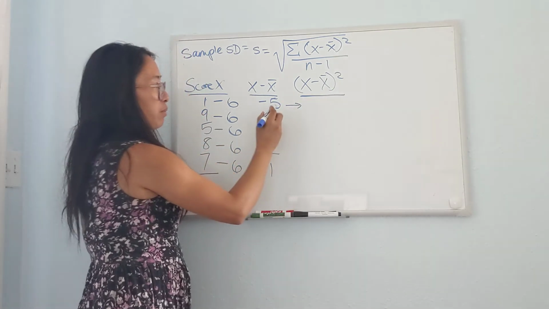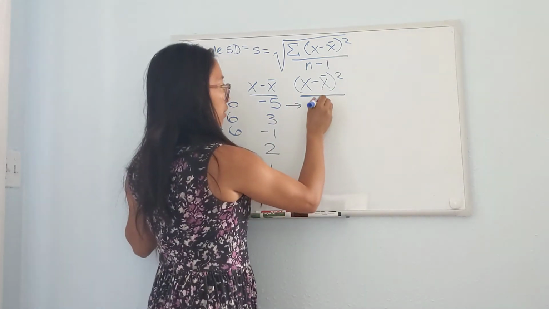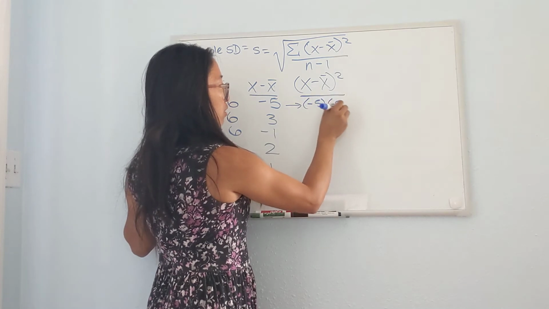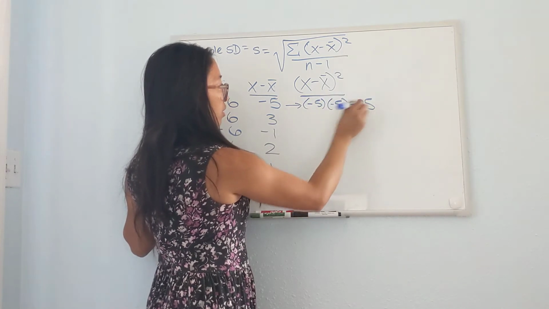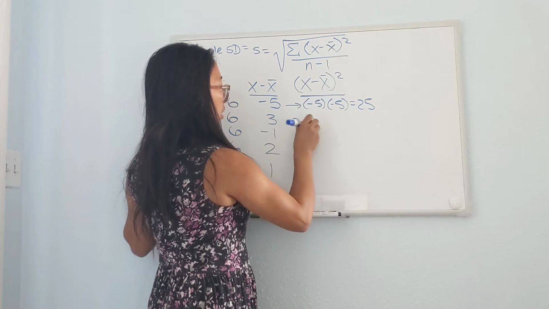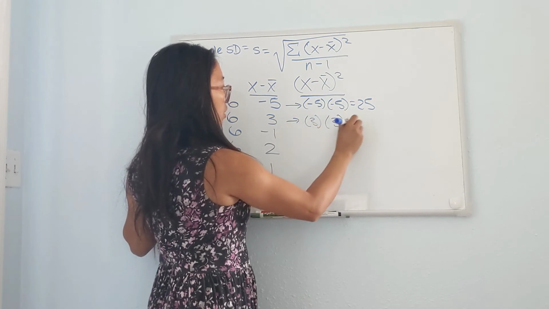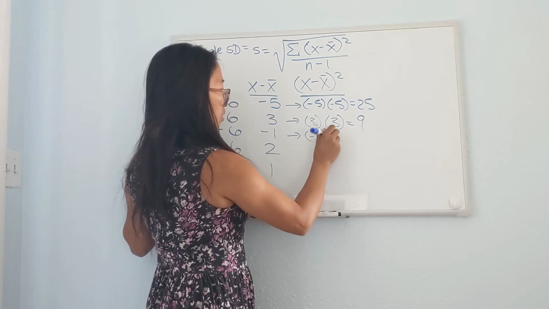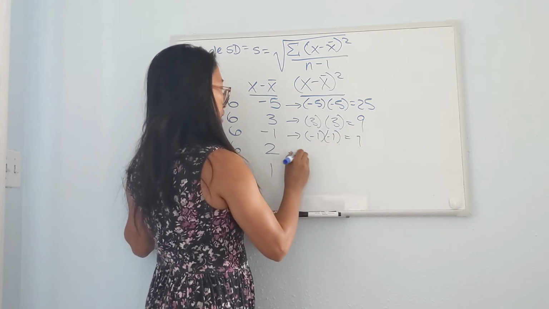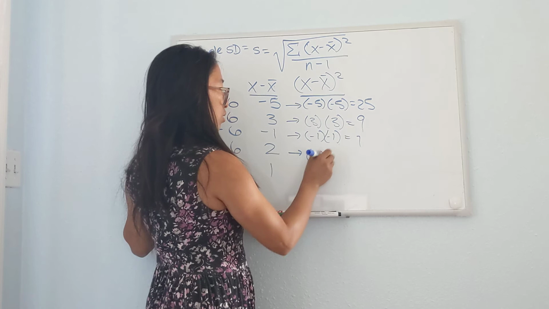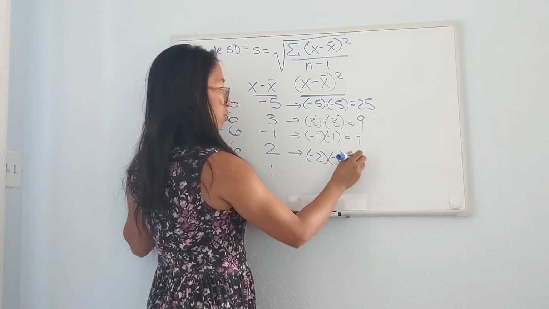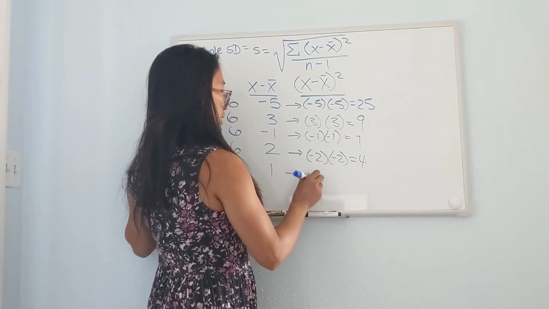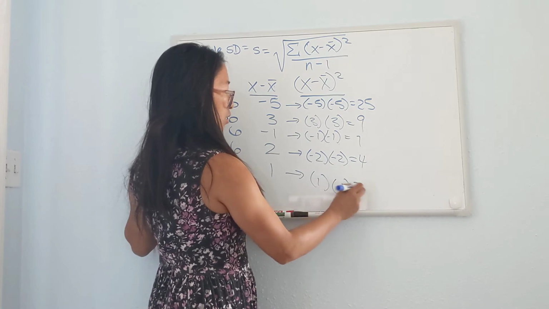Negative 5 times negative 5 equals 25. Then 3 times 3 is 9. Negative 1 times negative 1 is 1. Negative 2 times negative 2 is 4. And 1 times 1 is 1.